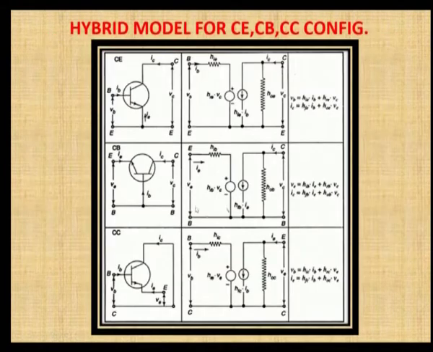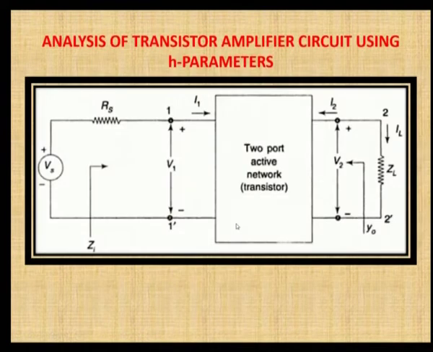Next, we have seen the hybrid equivalent circuit only for the transistor model, and if this transistor is given the supply and connected with the load, then this is the circuit. This block diagram shows the transistor given with the source and connected with the impedance at the output, and this is the source resistance.